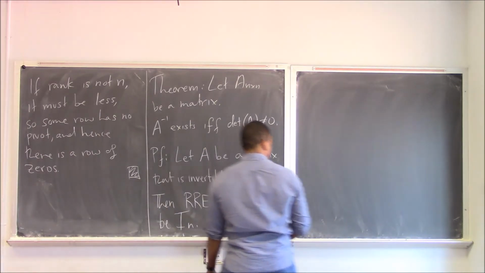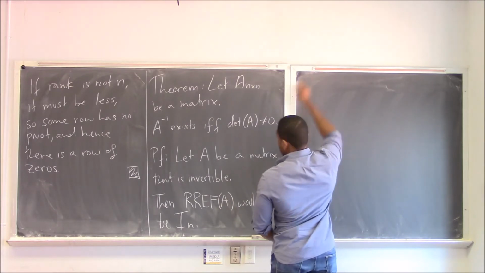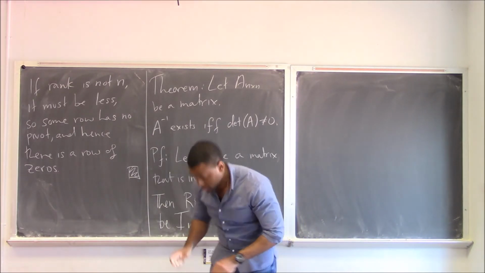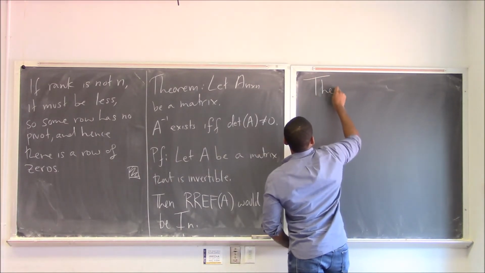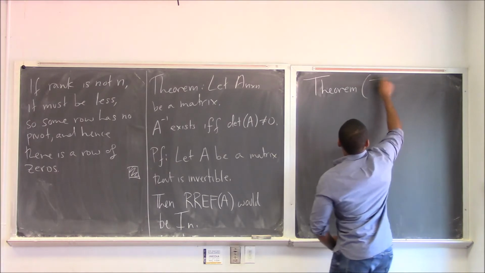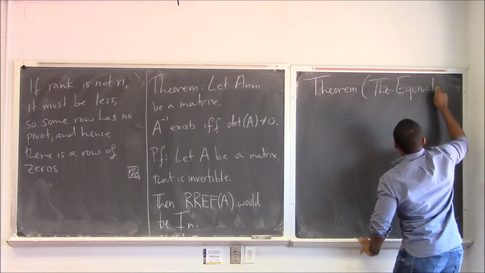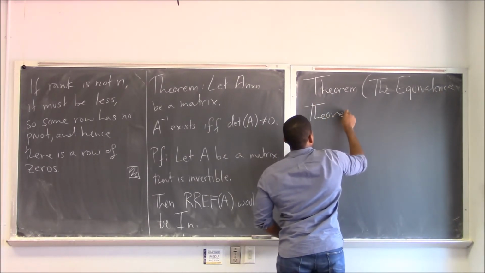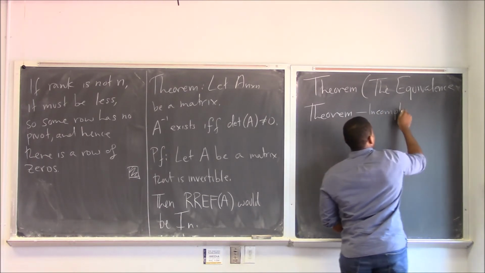Let's actually prove a part of the equivalence theorem. Make our lives a little bit easier. Theorem: the equivalence theorem. It's incomplete. Like I said, this list we're going to keep adding to.